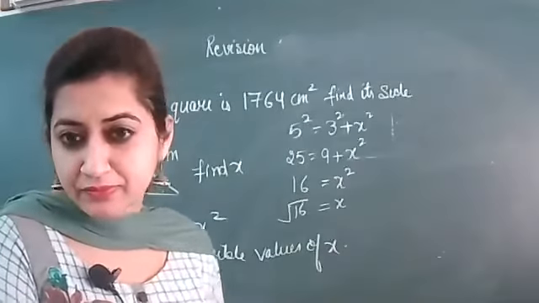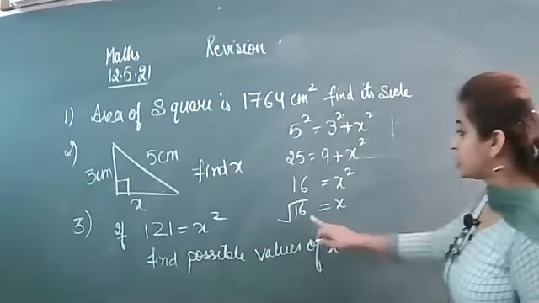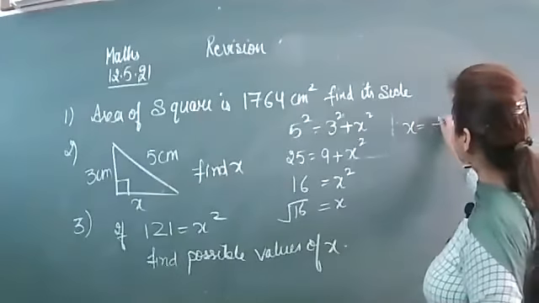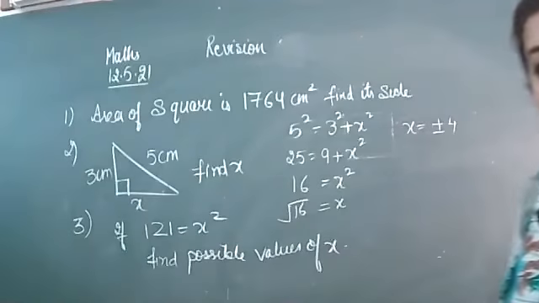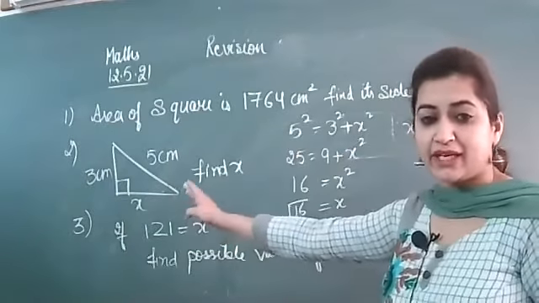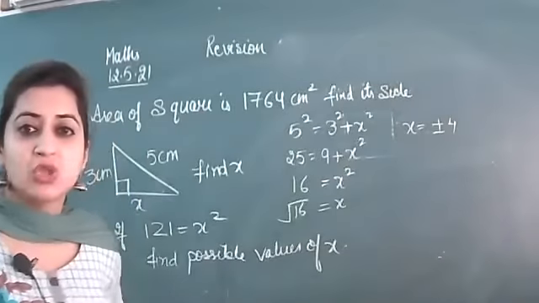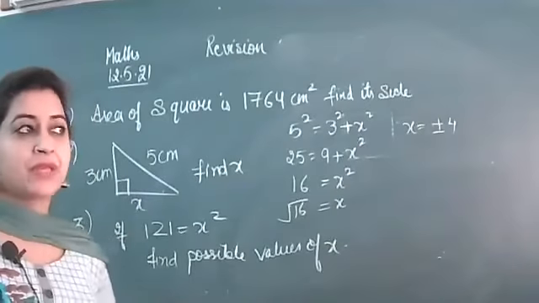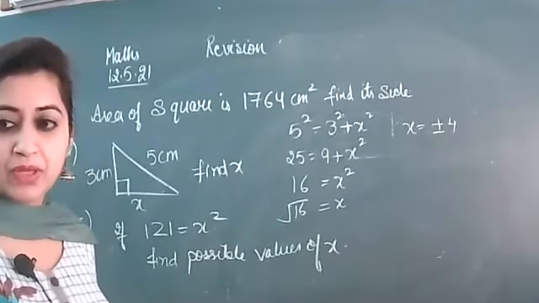Ma'am, 4. It will be plus minus 4. You will write the side x as plus minus 4. Side of the triangle cannot be negative, so minus 4 is rejected. So the side of the triangle is 4 centimeter. Got it?